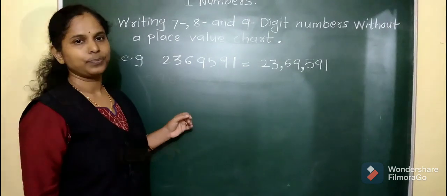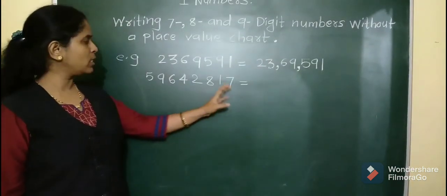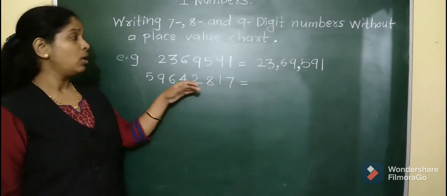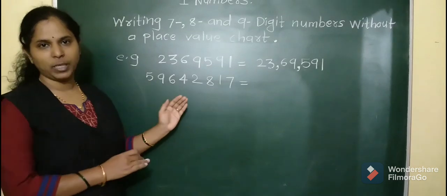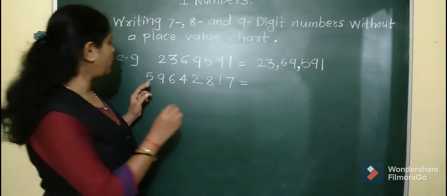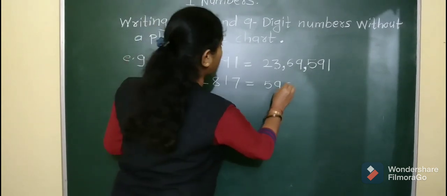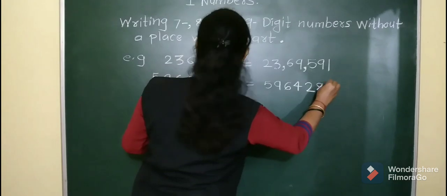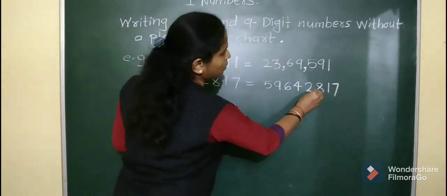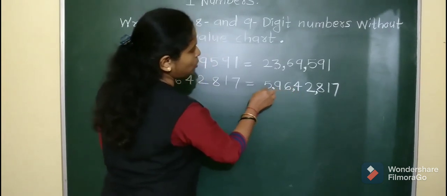Got it? Now the second example I have written. This number I have written. Now how to read the number? So again we will make the periods and put commas. Okay. So same, I will write the number by using commas. See here, this 3 makes one period, this 2, and this one.